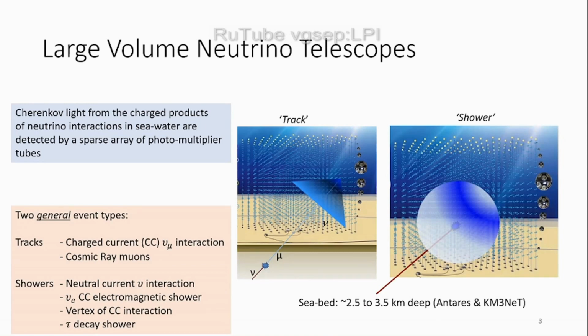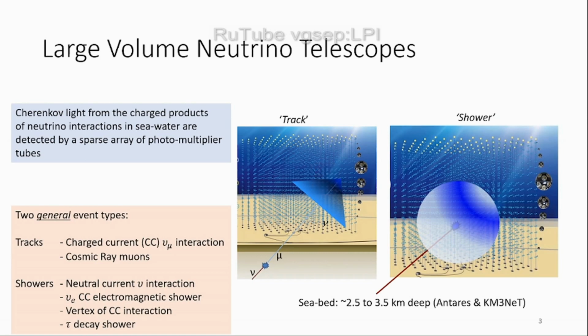Large volume neutrino telescopes aim to detect the Cherenkov light of the charged products of neutrino interactions by instrumenting large volumes of water with photomultiplier tubes. In general, there are two types of events. Track events, which are basically muons from charged current mu-neutrino interactions moving through the water, emitting Cherenkov light, which you can detect with your array of photomultipliers. Cosmic ray muons also tend to look like this.